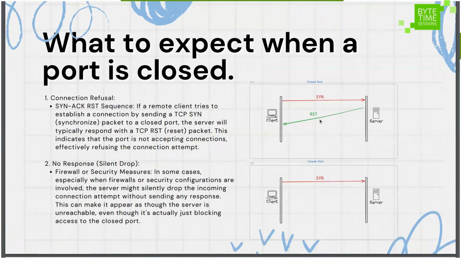RST means reset, SYN means synchronize, and ACK means acknowledge. I forgot to mention that previously. So when you try to connect to a particular server on some port and it responds with an RST packet, it means that that particular port has been closed by that server.